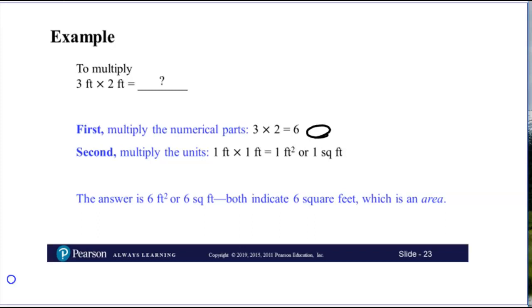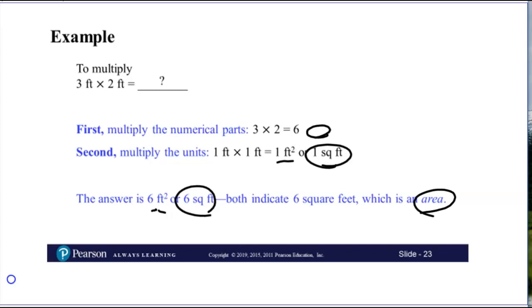In this case, feet times feet gives me feet squared, or square feet. And so the answer is really twofold. I have 6 feet squared, or 6 square feet, which describes not a linear measurement of feet, but the area.